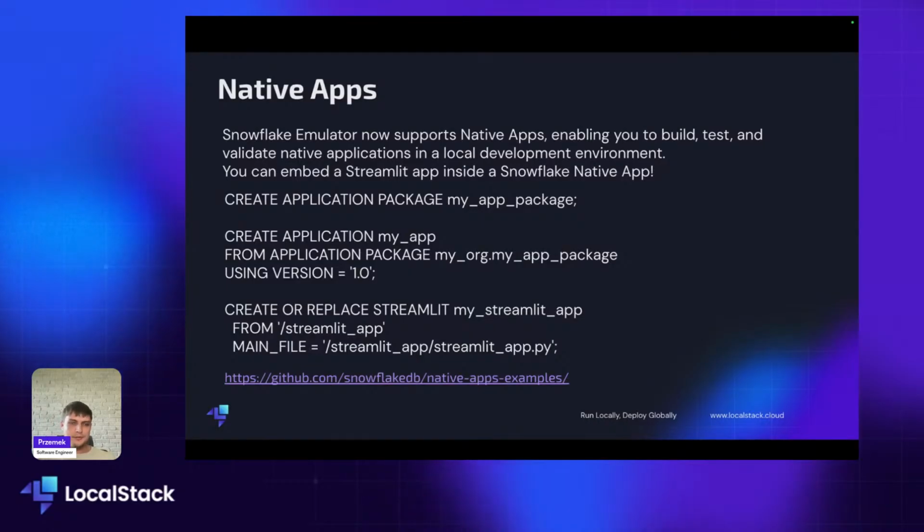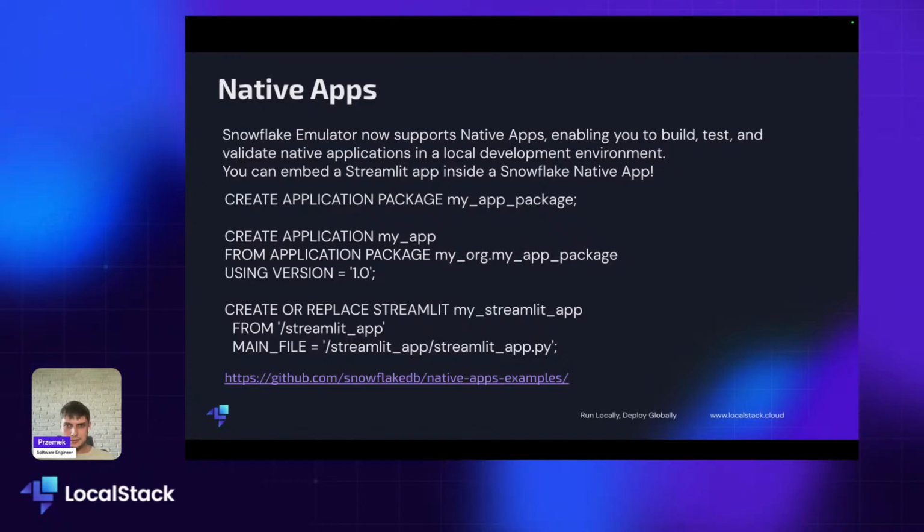So we added support for native apps, and Snowflake Emulator now supports it, enabling you to build, test, and validate native applications locally. Basically, you can create your application package, then create an application from that application package, and you can even embed a Streamlit application inside a Snowflake native app.